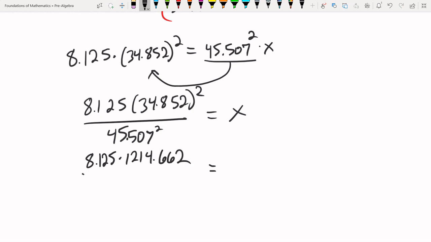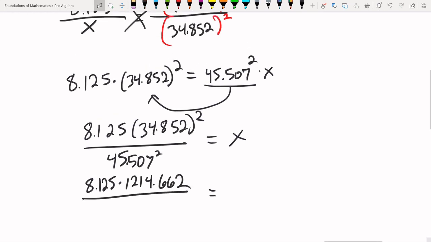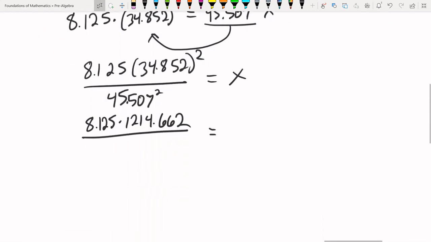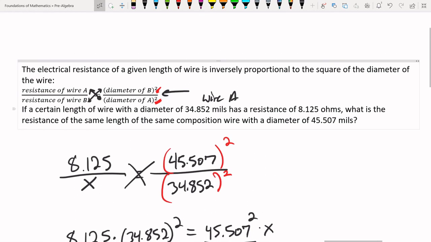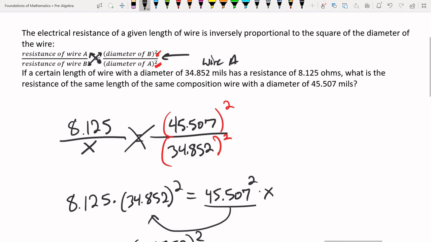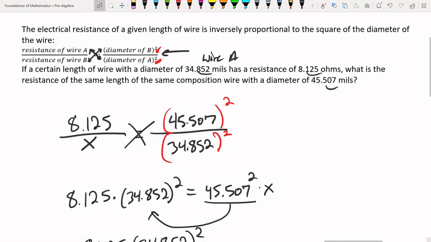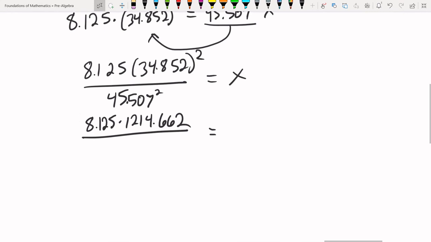is 1214.662. I'm going to round to 3 decimal places. It didn't say in the problem, did it? No, it didn't. The given numbers here all have 3 places, so our answer should have 3 places as well. In the bottom, 45.507 squared gives us 2070.887.